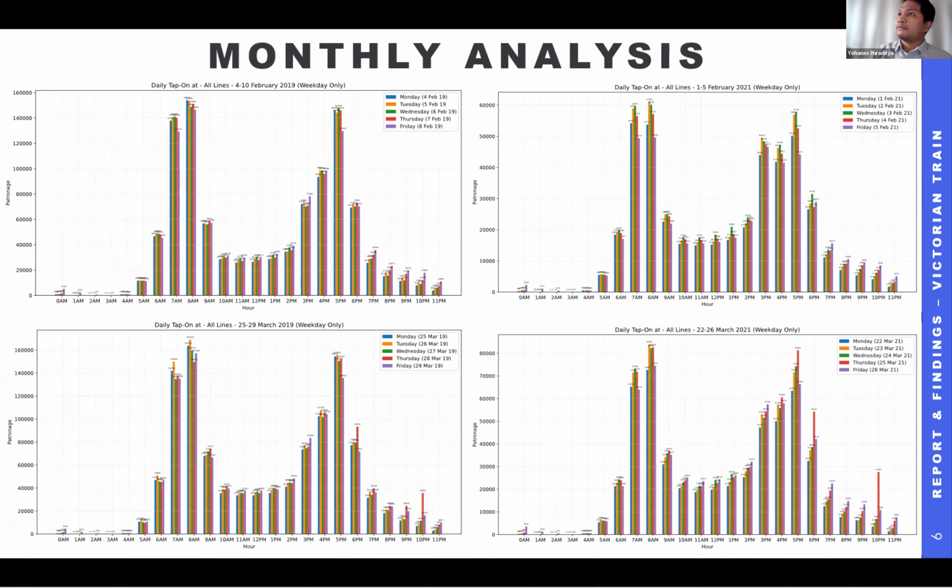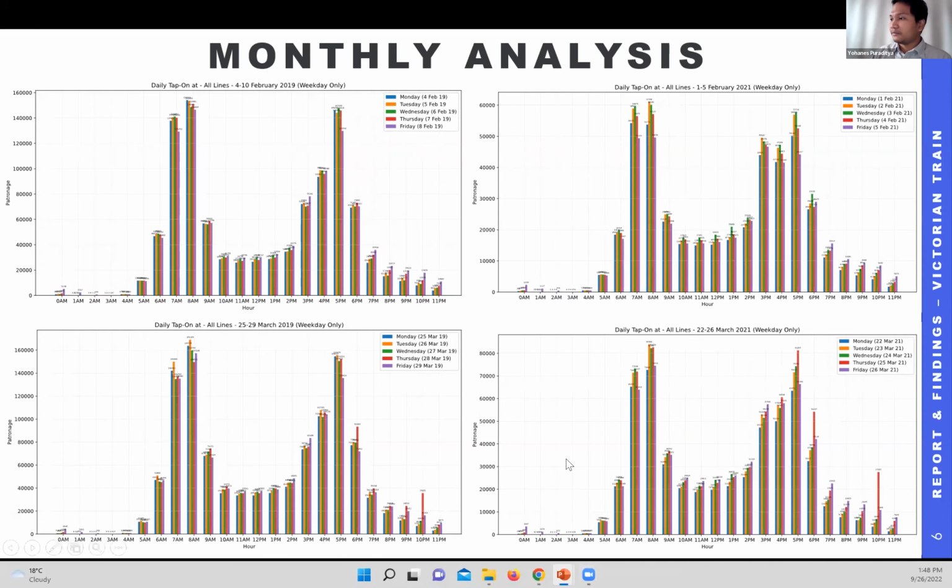From the samples we take, February and March, between 2019 and 2021, there is no difference in the peak hour. So the peak hour didn't shift into another time or another hour.